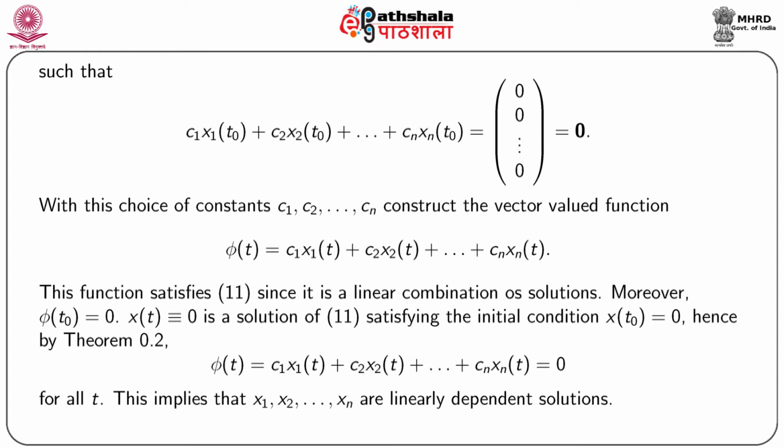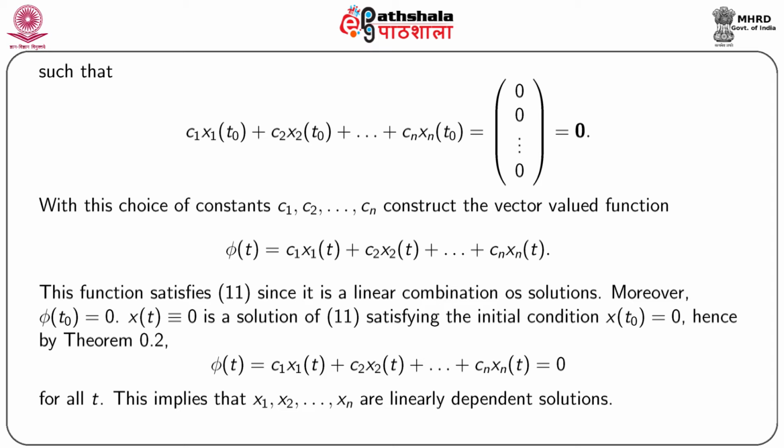With this choice of constants C1, C2, ..., Cn, we construct the vector valued function phi(t) = C1 x1(t) + C2 x2(t) + ... + Cn xn(t).